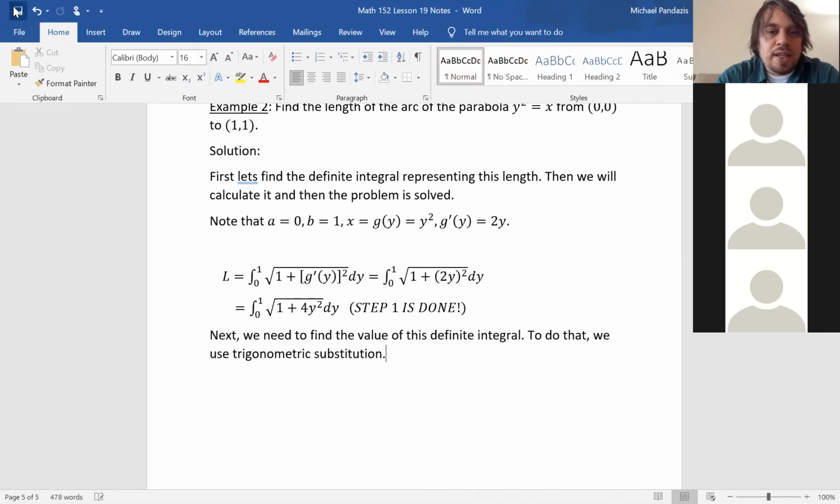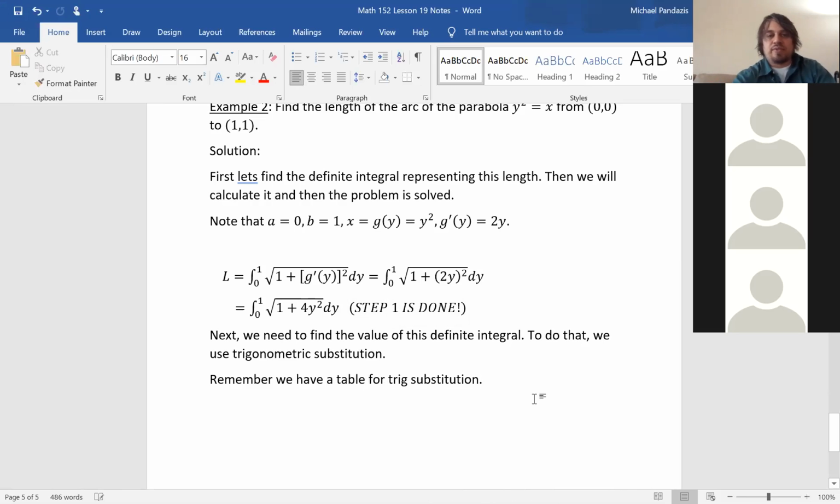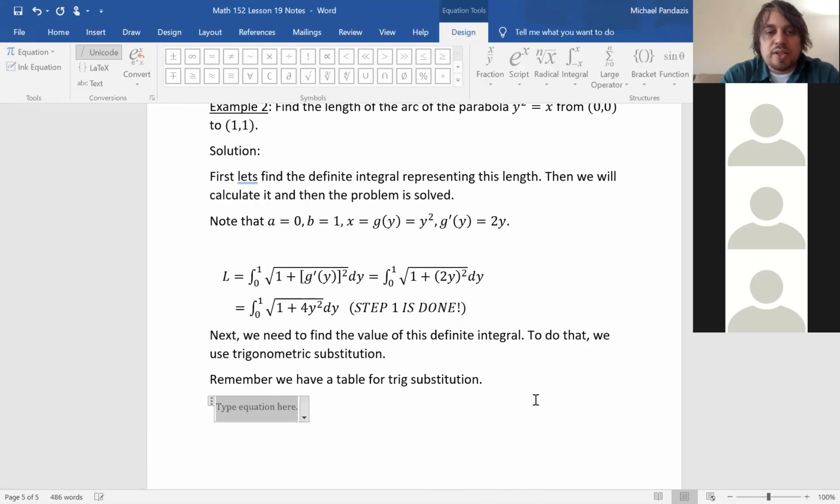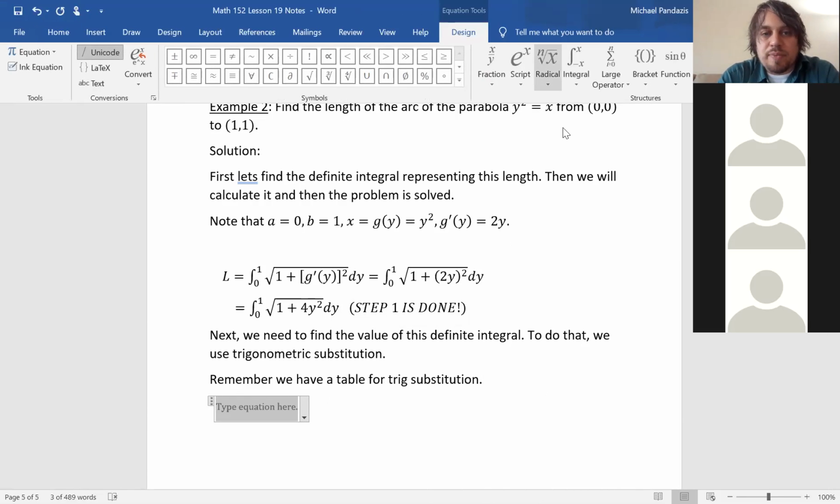Okay, so remember, we have a table for trig substitution, right? And it depends on the form of your integrand. So the integrand is of the form a squared plus x squared.